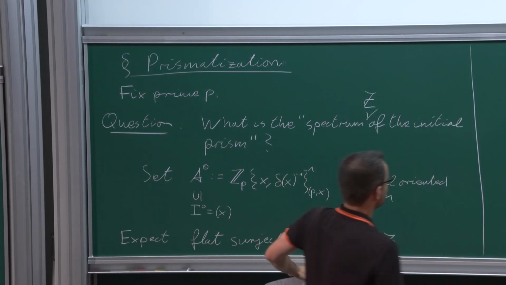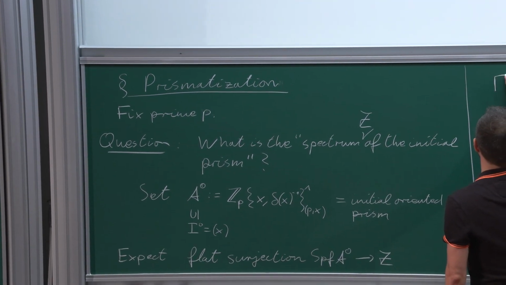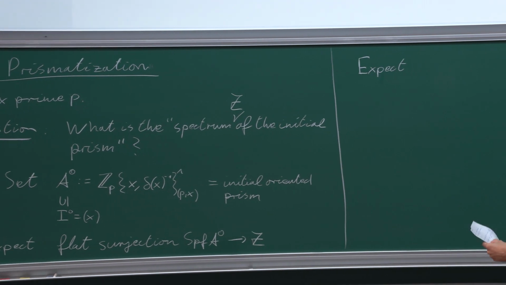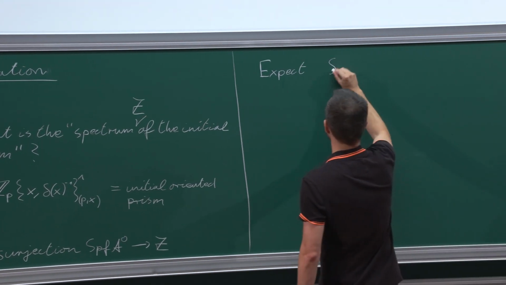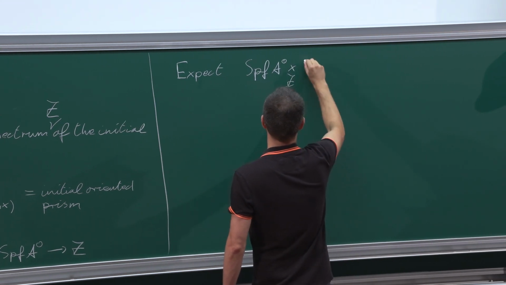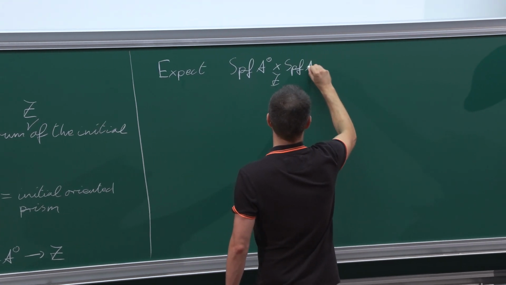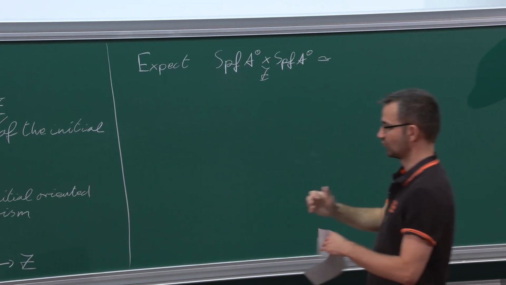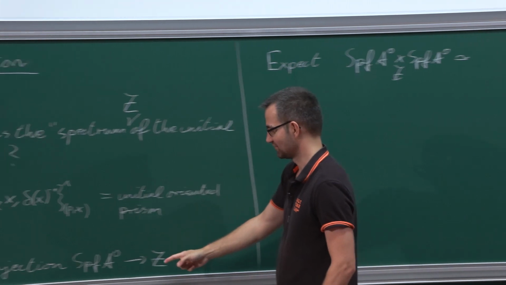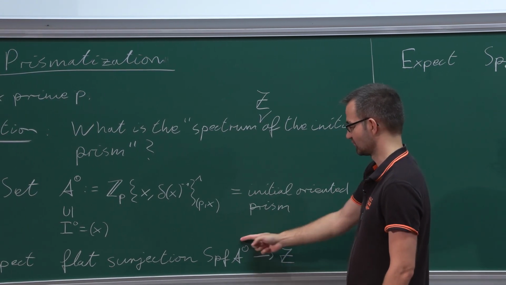And so we would also expect the following, namely if we try to understand the relations for these surjections, then what is the ambiguity that we have by lifting, say, a morphism from a prism to here?